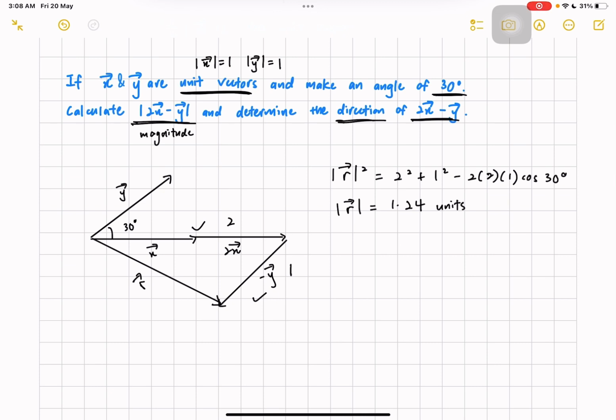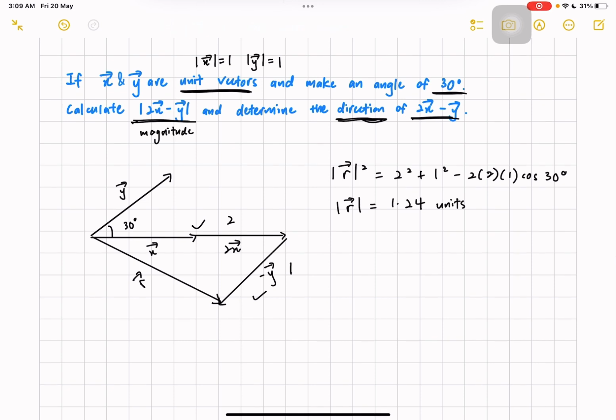Next, we have to find the direction of 2 vector x minus vector y. But notice here, we don't have a compass, so what are we finding the direction of? Well, we can say that it is relative to another vector. So we can find the direction of the resultant vector relative to vector x. Let's put theta here. We are missing one more angle, but don't worry, it's very easy.